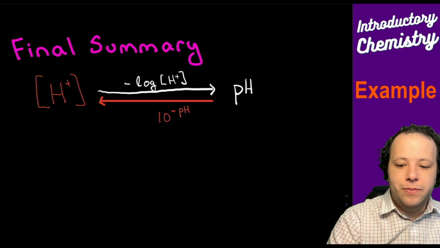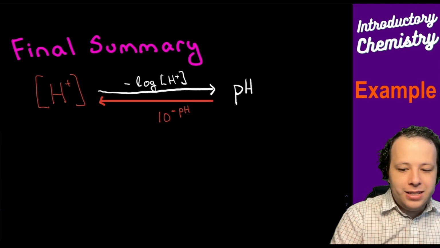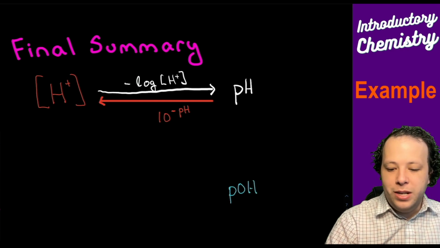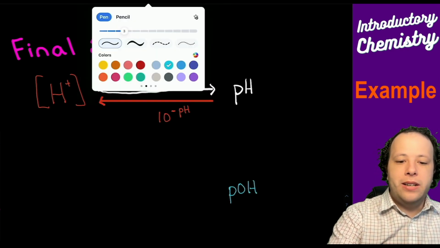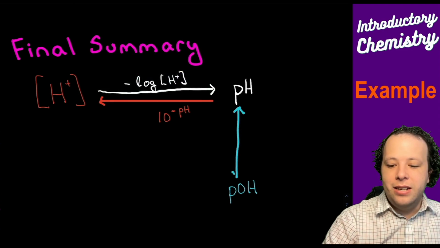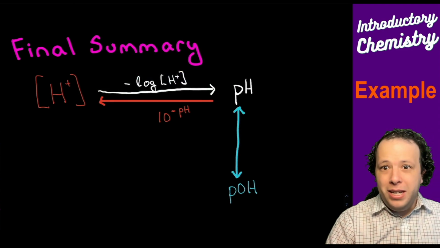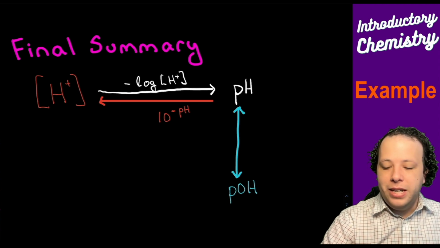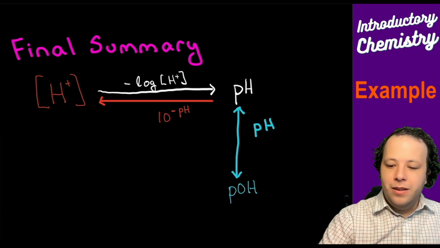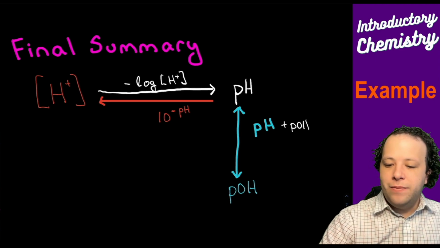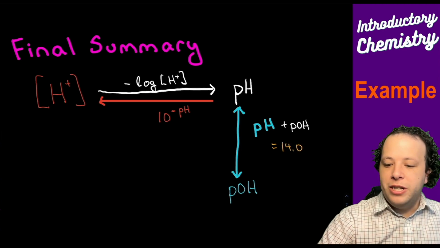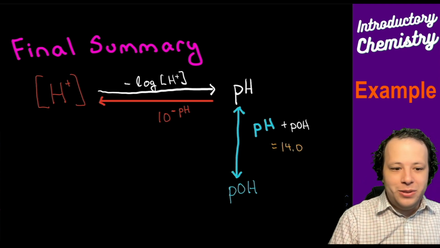If we needed to. Now, in order to connect pH and pOH, we can do that as well. We can always have an equation between both of these. If we want to go to pOH, pH plus pOH is equal to 14, so you can bridge between those two values.